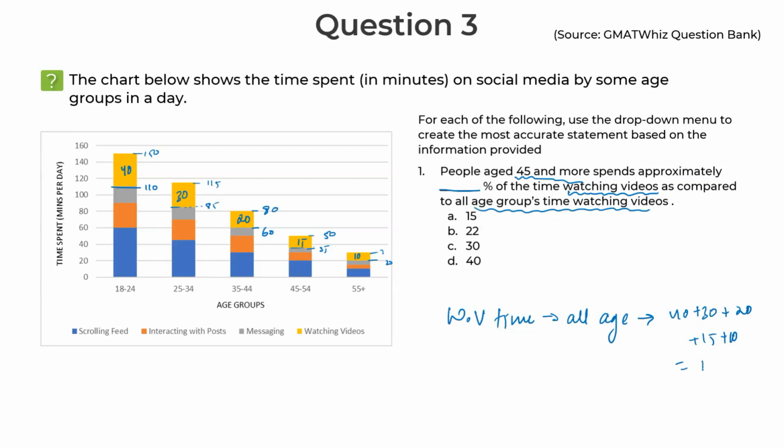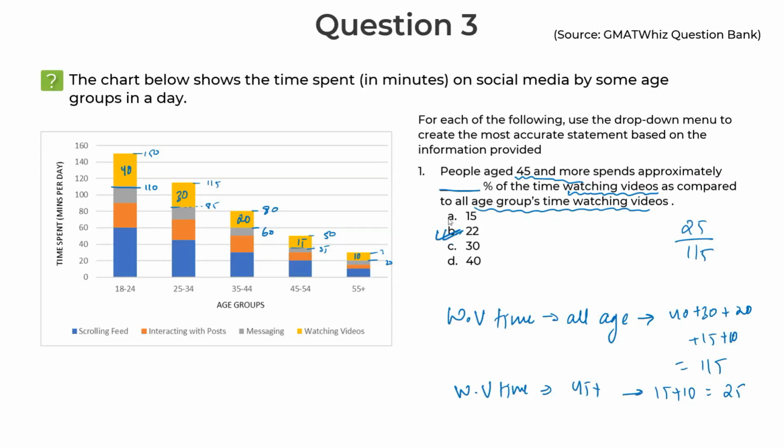So this in total is 115. Now what is the watching video time for 45 plus? That is 15 plus 10, about 25. So we have to calculate 25 divided by 115, and you get approximately 22.